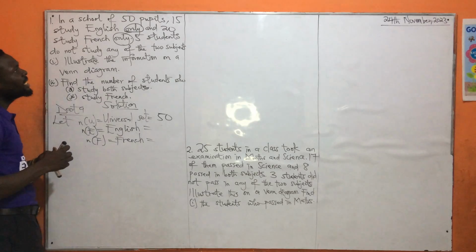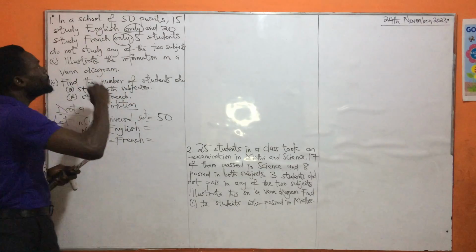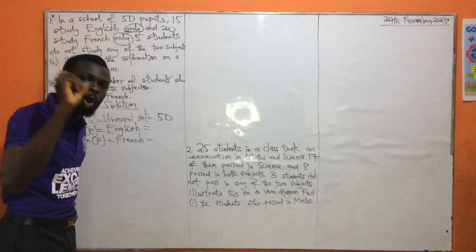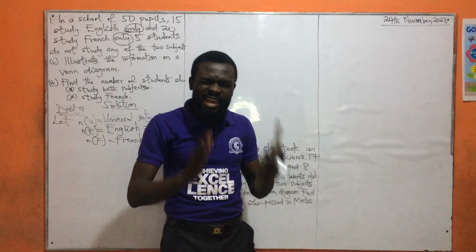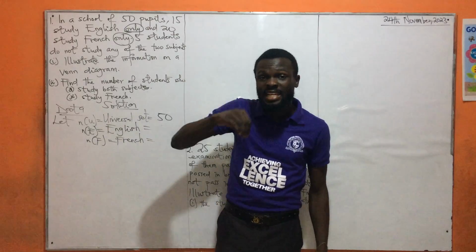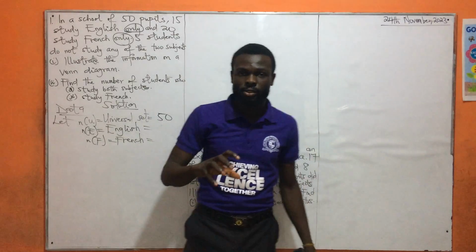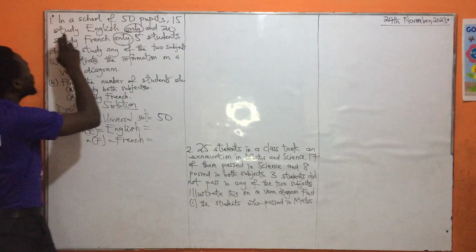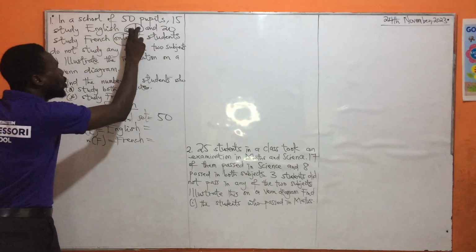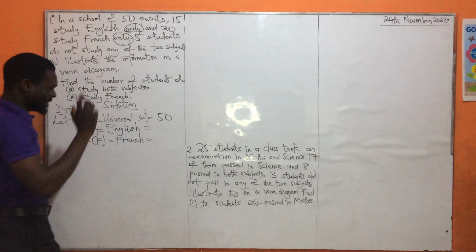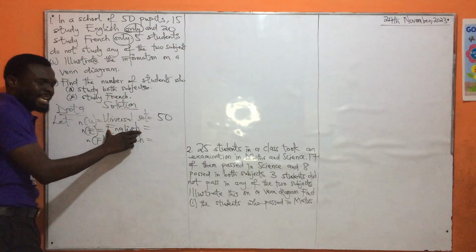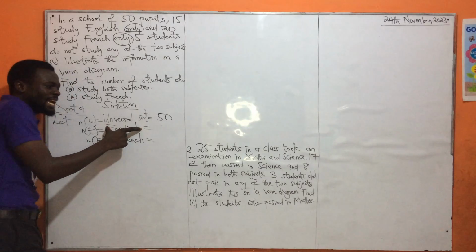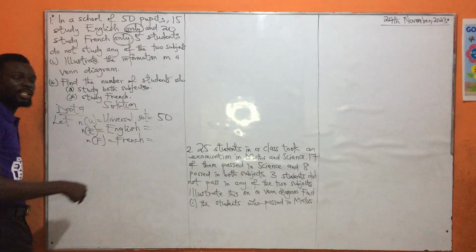Now when we were reading, we were given that 15 study English only. English only is not the same as the number of students that study English. The English here, there are some students in there that belong also to French.